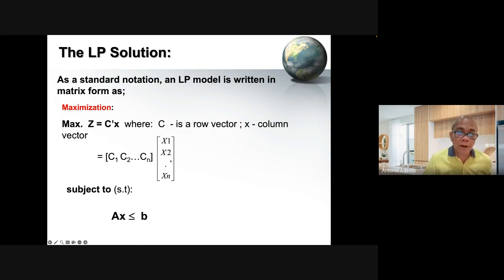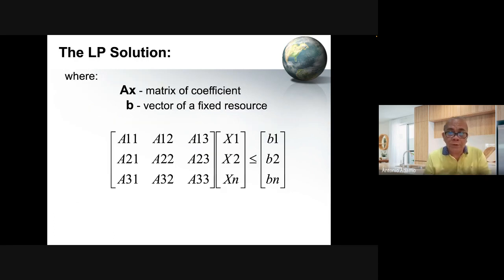And then you have here a row vector of the different activities or resource, the different resource rather. Subject to A x less than or equal to the coefficient, which is beta or B. So this is a standard matrix notation of a linear programming problem. Okay, expressing it in terms of equation, you have that, no?